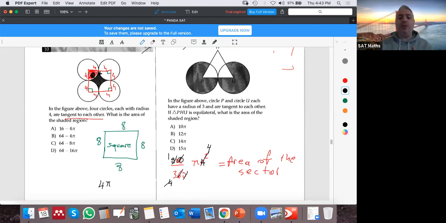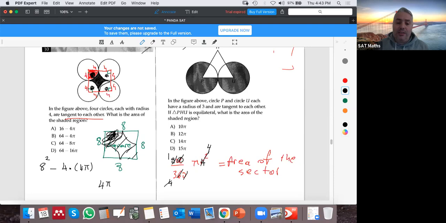Now what am I going to do? From the total area of the square, which is 8 squared, if I subtract this area, this area, this area, and this area, which means 4 times 4 pi, I will get directly this region, isn't it? I didn't draw well, here and here.